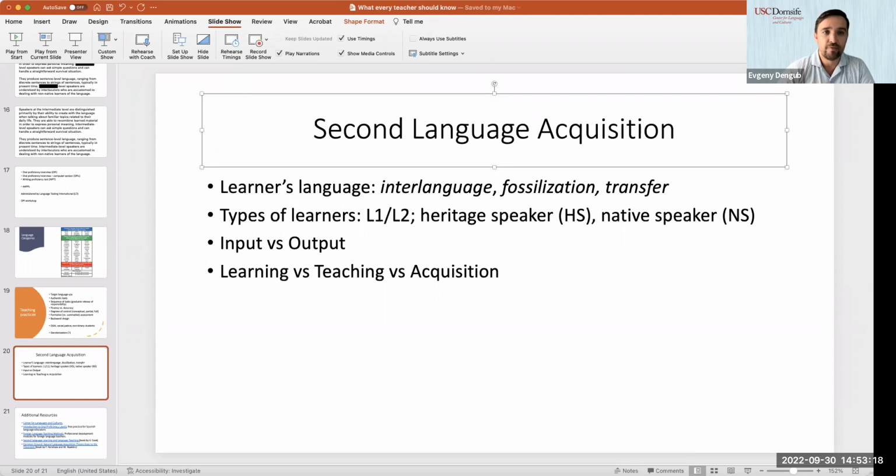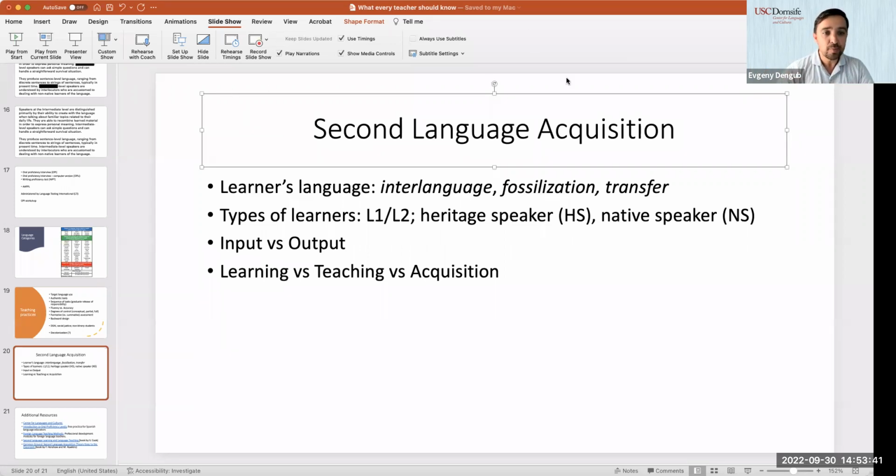Native speaker is a very controversial issue. I encourage you to read on what a native speaker is and how easy it is to debunk that myth about the native speaker, and whether the native speaker norm should be something that we look at when we teach our students.